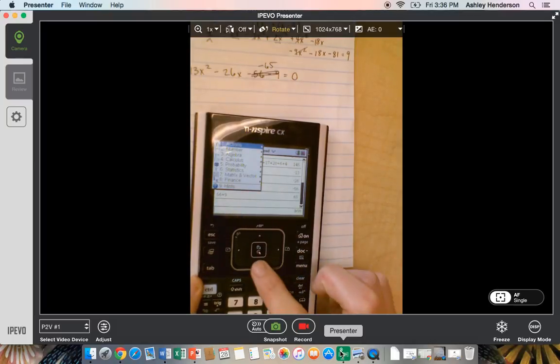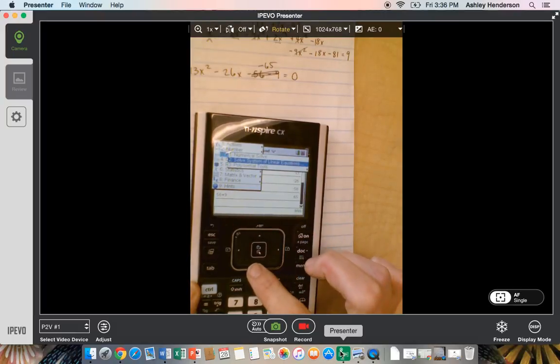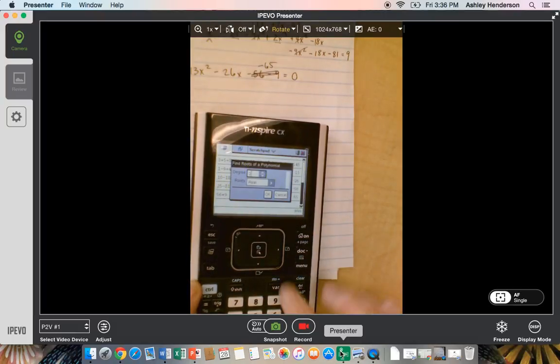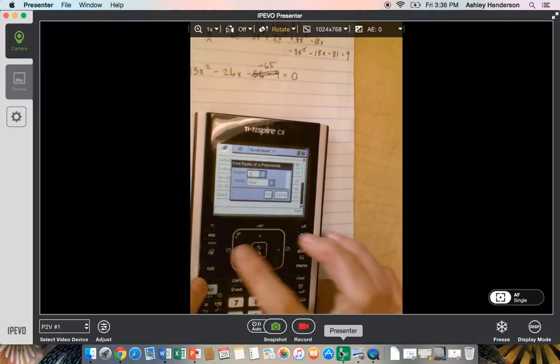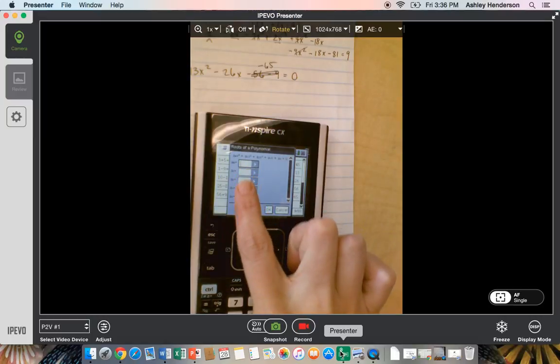I want to know where it exists in the real plane. So poly tools, I'm just going to do find roots. So 4 is the highest power that we have. Enter.